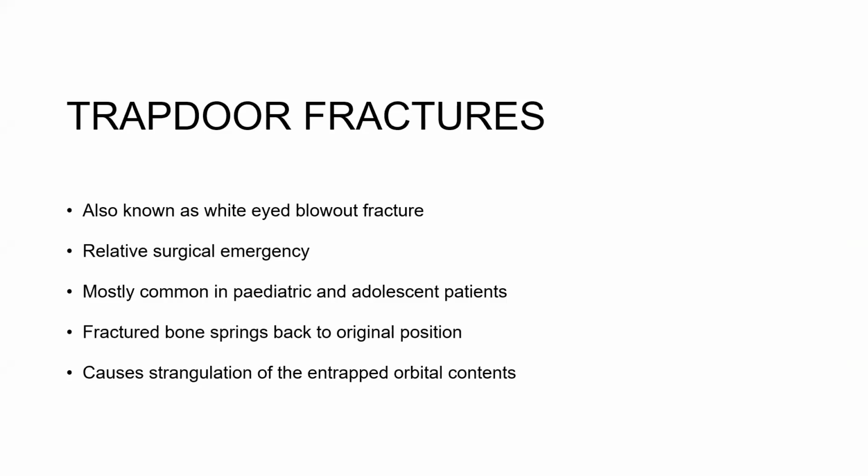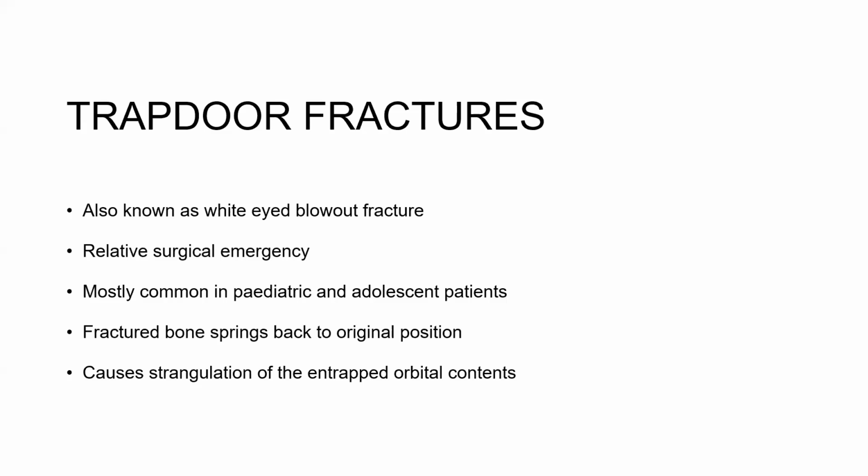In this trapdoor fracture, when there is a force directed towards the globe or rim, the floor or medial wall opens up, which means it gets fractured, and then the orbital contents go inside. Within a second, it snaps back, which means it locks the orbital contents below the floor or medial wall.